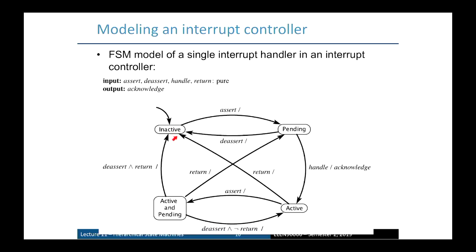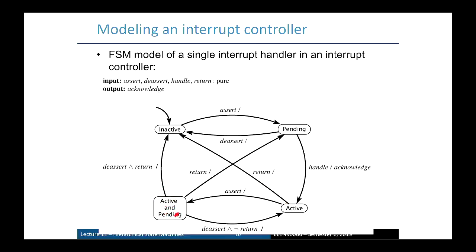But you can think of how an interrupt controller works: there's a state where it's inactive. You might get an interrupt come in. You go to a pending state where you're ready to actually service it. If you are available to handle it, you've got the resources to handle it, you go and actively handle the interrupt. You can also have additional ones coming in and you go to another state which keeps track of the fact that you're servicing one but you've got another one pending.